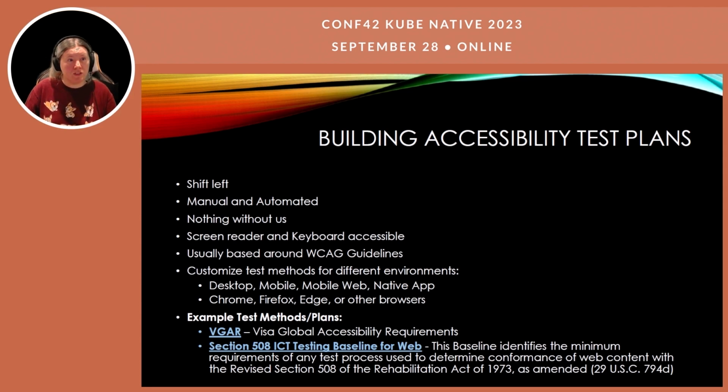You can see a lot of example test plans. Two that I've got listed here are VGAR, which is the Visa Global Accessibility Requirements. This is just Visa's publicly available accessibility guidelines. They've got some example test plans, tools, and other resources that can be helpful.